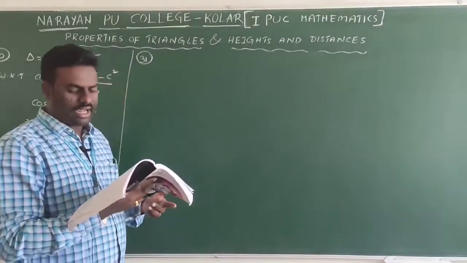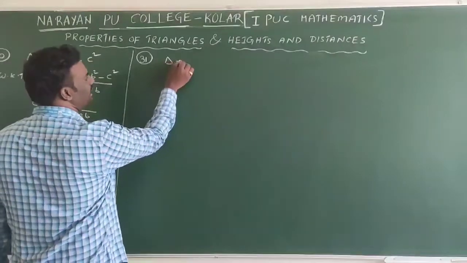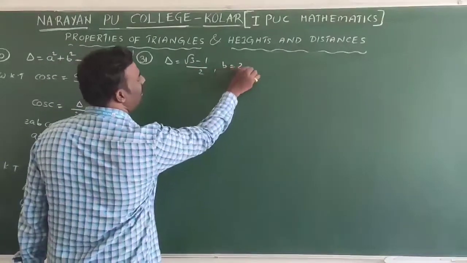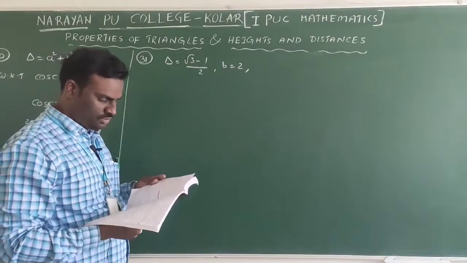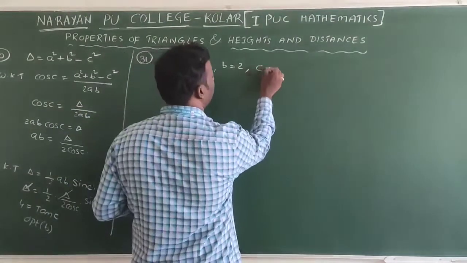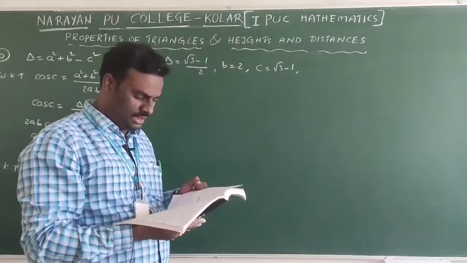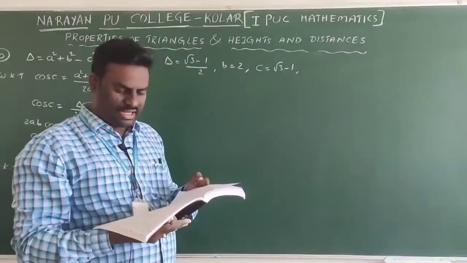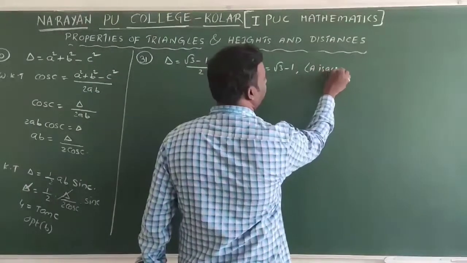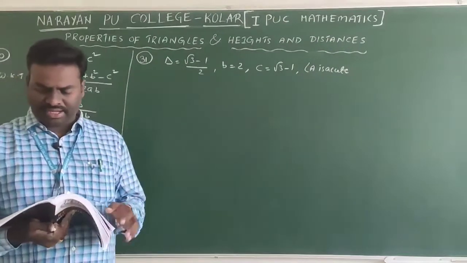In a triangle ABC, area delta is root 3 minus 1 by 2, B value is 2 and C value is root 3 minus 1, and angle A is acute. Now find the value of angle C.